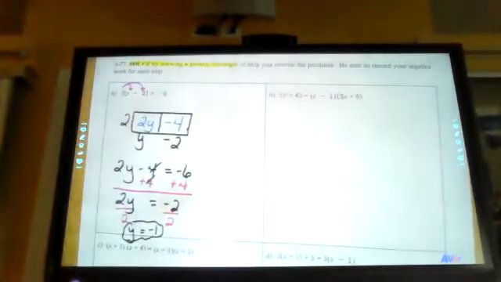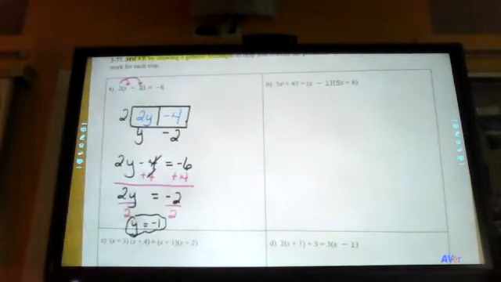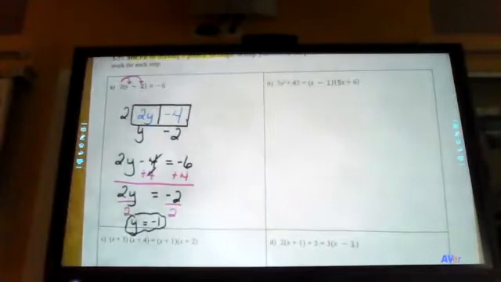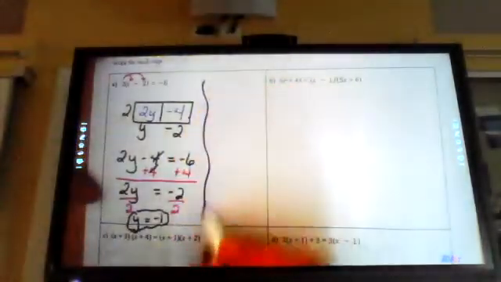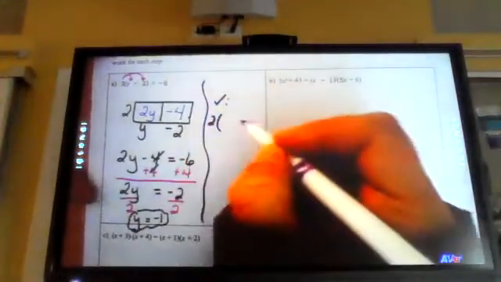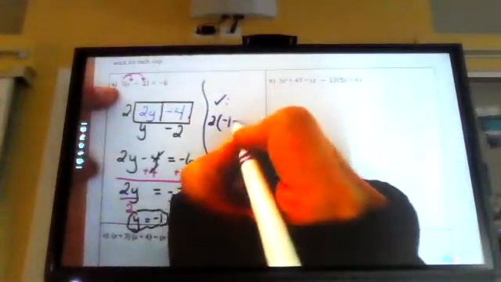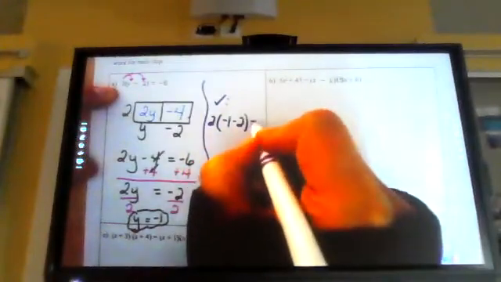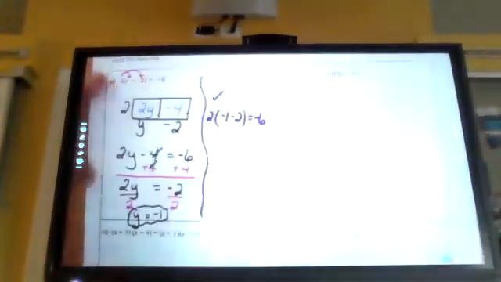Now, on this type of problem, you do not need to ask your Mrs. O'Day or I if you got the right answer. You can check it yourself. So if you get yourself some space, I want you to actually do the work to check. So we said, oh, we got negative 1 as our answer. So wherever I see a y, I'm plugging in that negative 1.